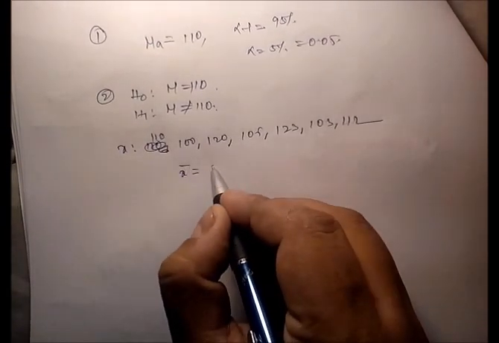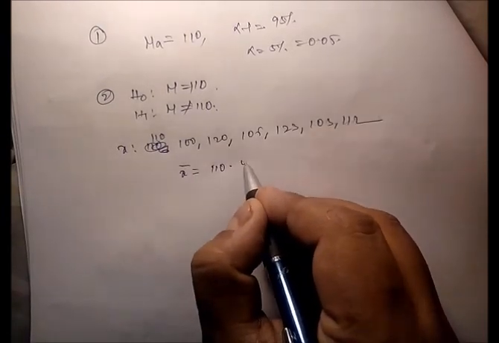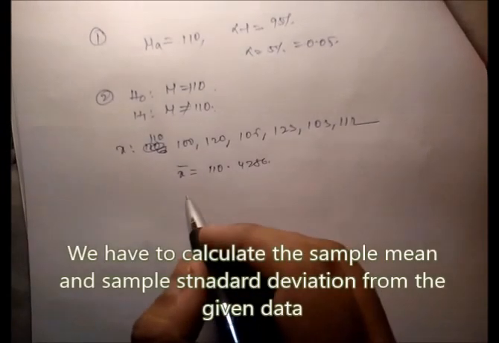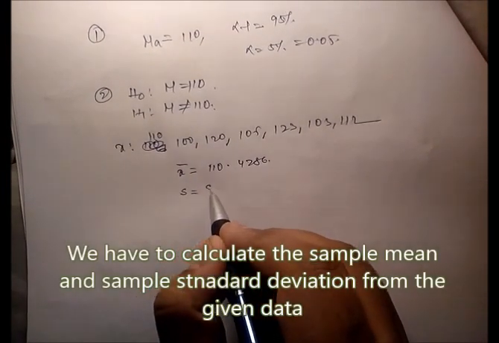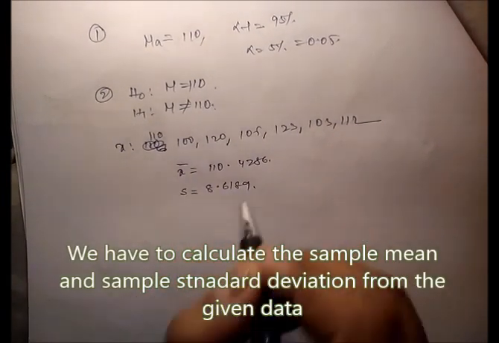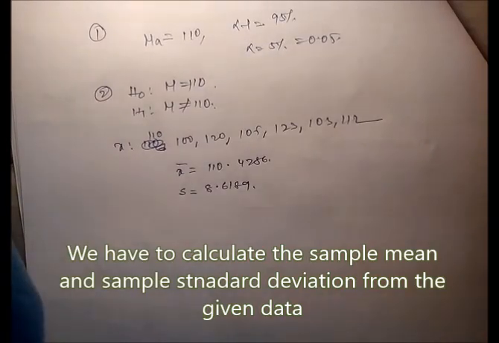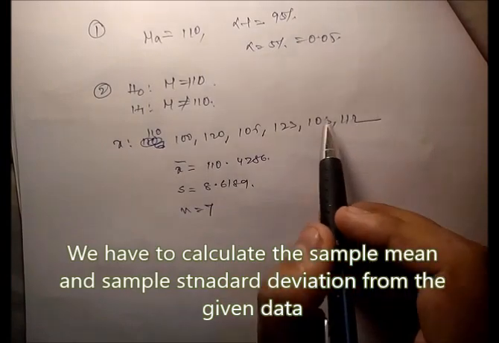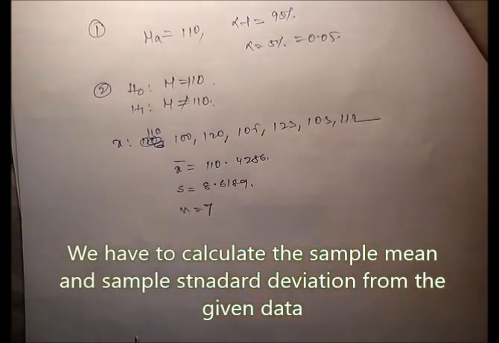Here we have to calculate the sample mean. The sample mean is 110.4286, and the sample standard deviation is 8.6189. The sample size n is equal to 7, since 7 data are there: 1 2 3 4 5 6 7.